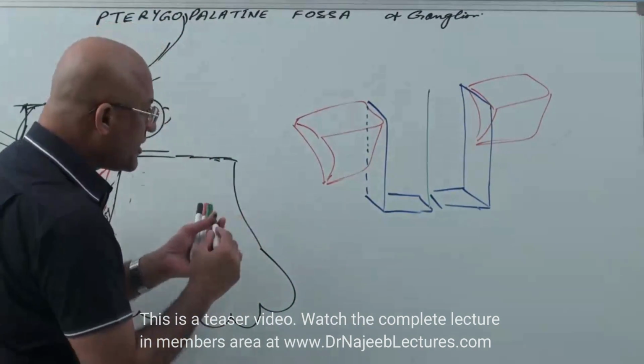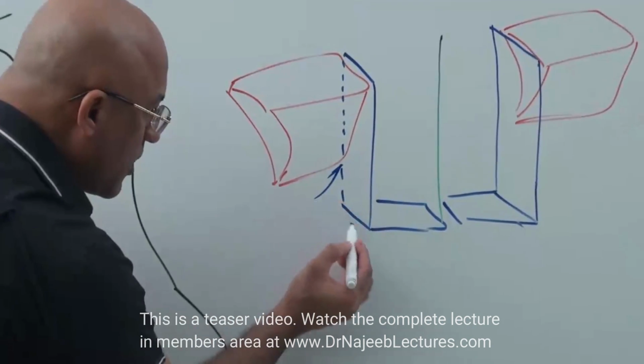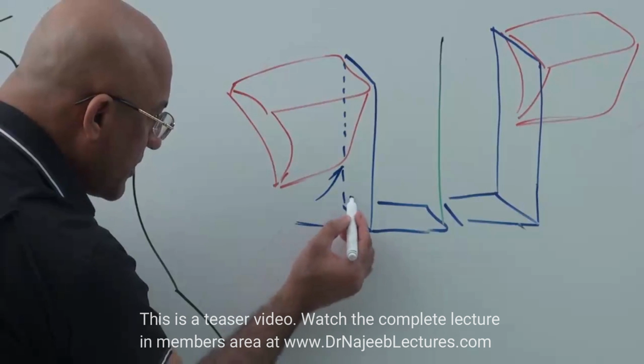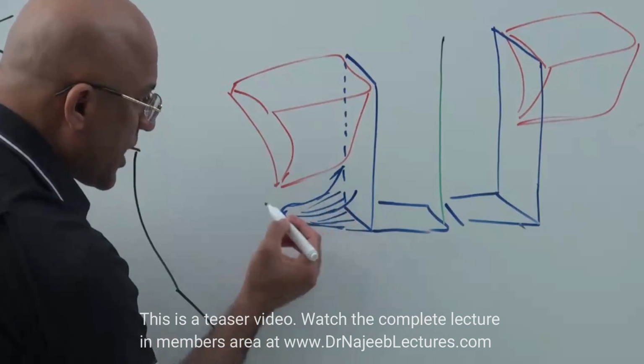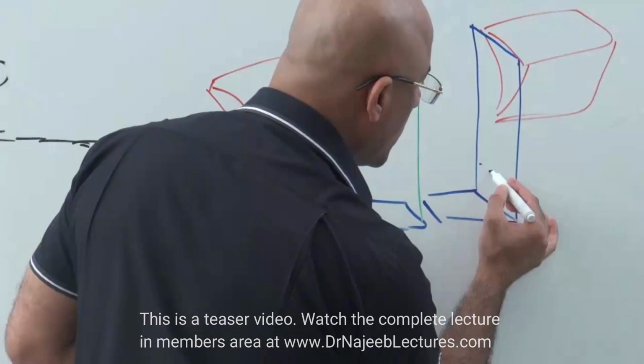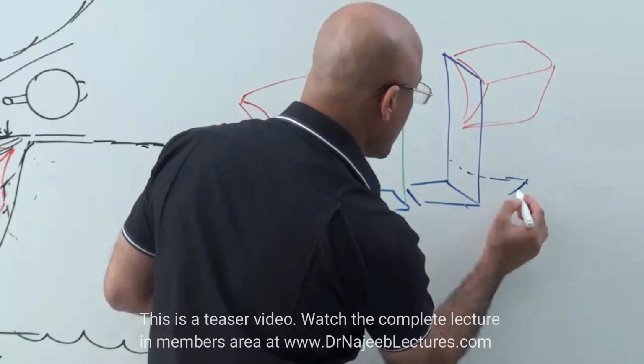Now, this palatine bone here has a very special process which is going laterally, and this process is called the pyramidal process. What is it called? Pyramidal process. And here also this pyramidal process, right?